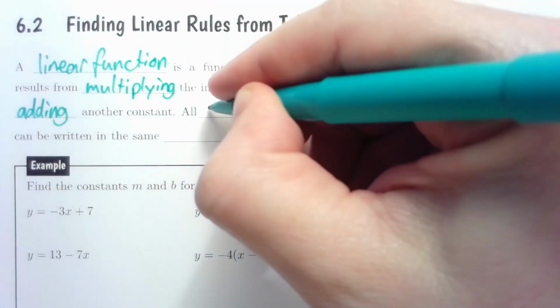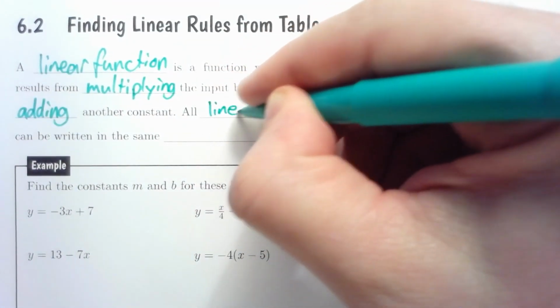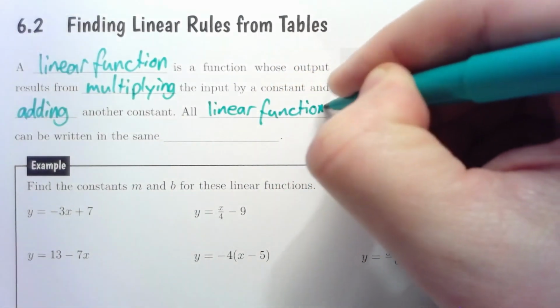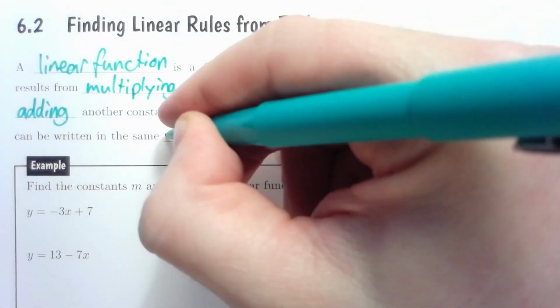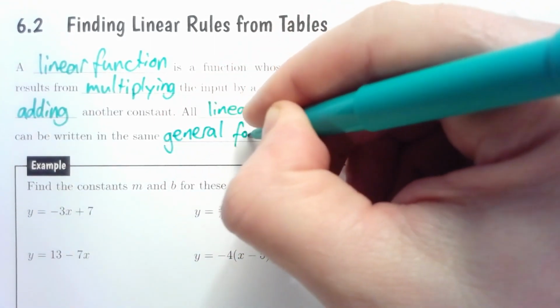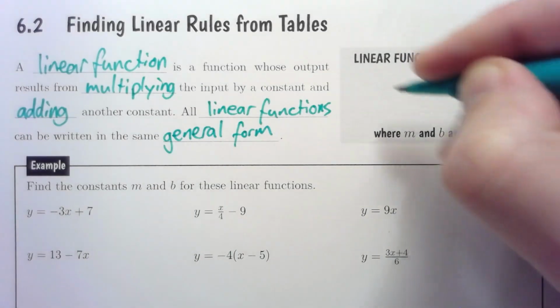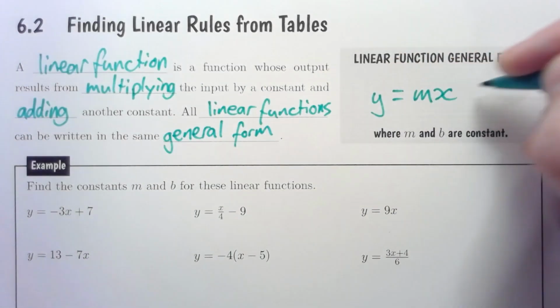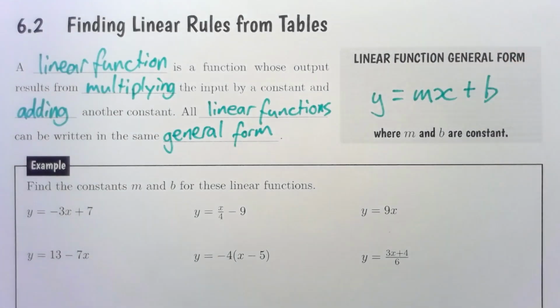Now, all linear functions can be written in this same general form, which looks like this. y equals m times x plus b.